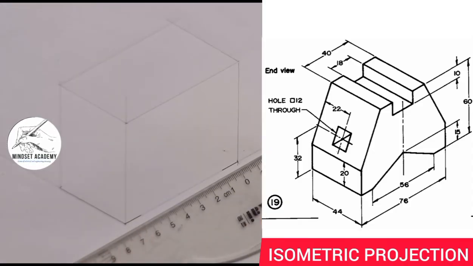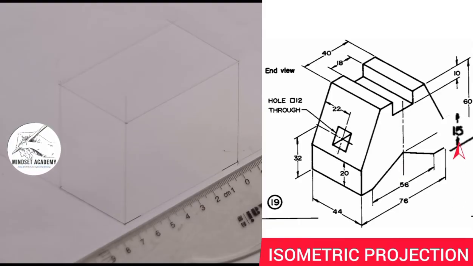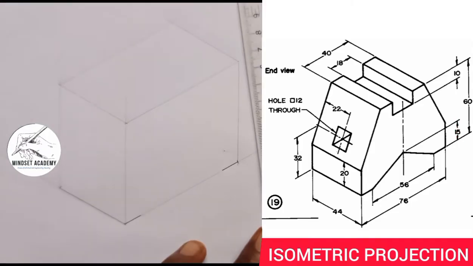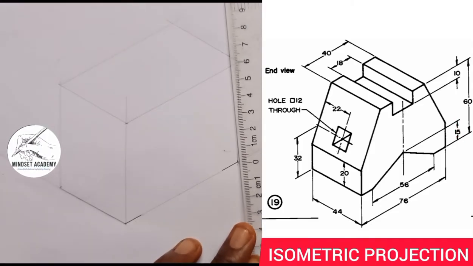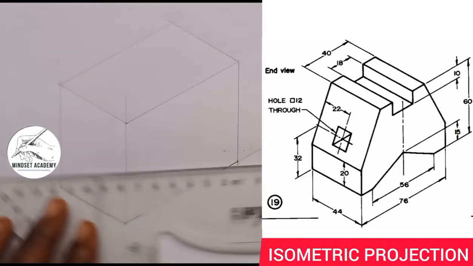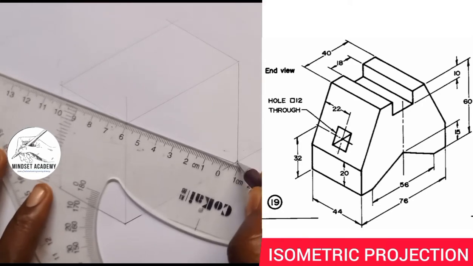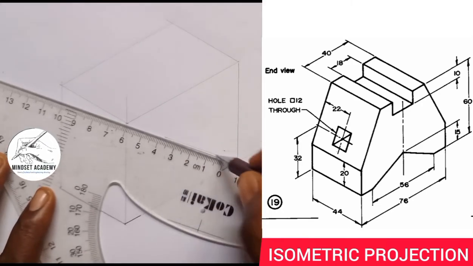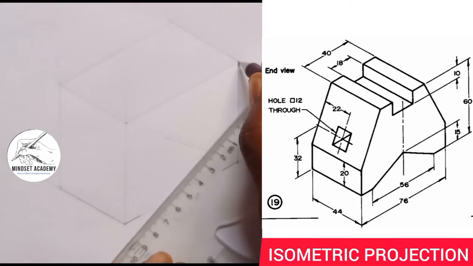Now the next thing is the angle here, which is at a height of 15 millimeters, you can see. So I'm going to measure 15 upward this way. Get the center of the figure first of all. From here to here, this is the center around here.